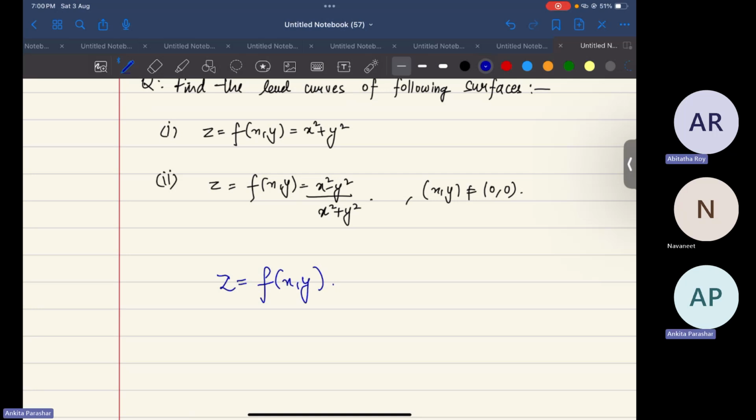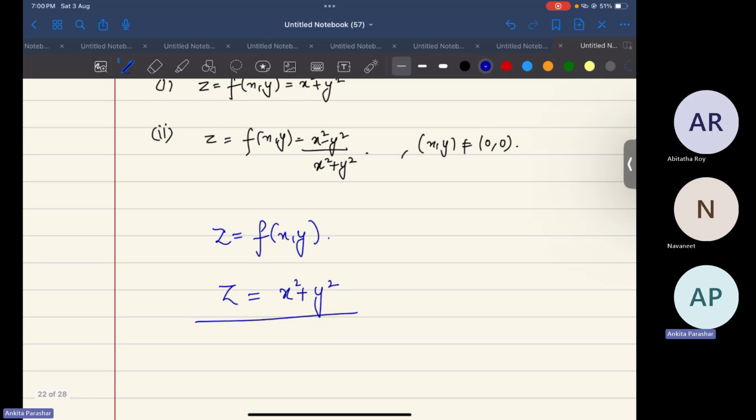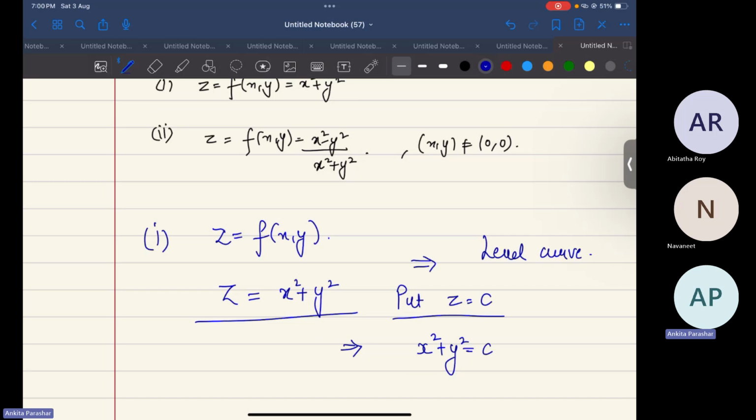Suppose you have a function like z equal to x square plus y square. The first example. We want to find the level curves. Mathematically, we will take x square plus y square as some constant c. So put z equal to c, then we get the two dimensional situation x square plus y square equal to c.